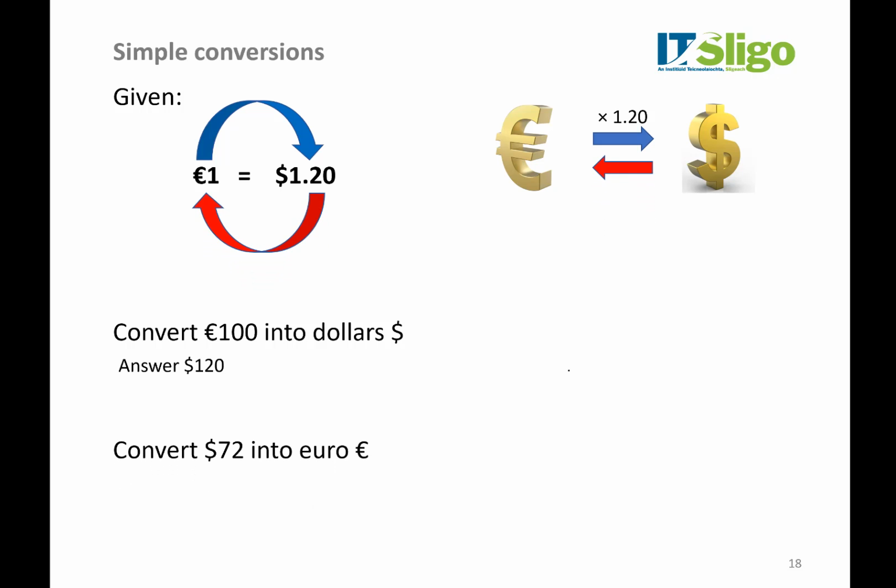Well, now, guys, we are going against the conversion rate. We're going from dollars into euros. So we multiply by the reciprocal. So $1 is equal to 1 over 1.2 euros. We multiply both sides by 72.